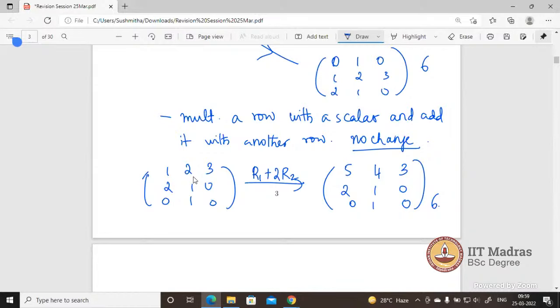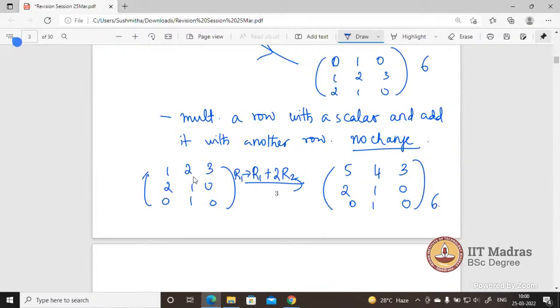So when you do this kind of row operation, you replace one row. No, I'm adding the first row with 2 times the second row. So that's going to be 2 plus 2, 4. We are changing only the first row.